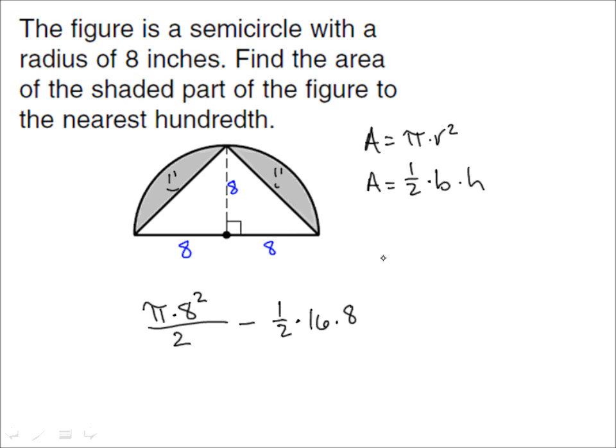So I get area of these two regions should equal 36 point, to the nearest hundredth, 36.53. And again, they told me that these were in inches, so my area should be in inches squared.